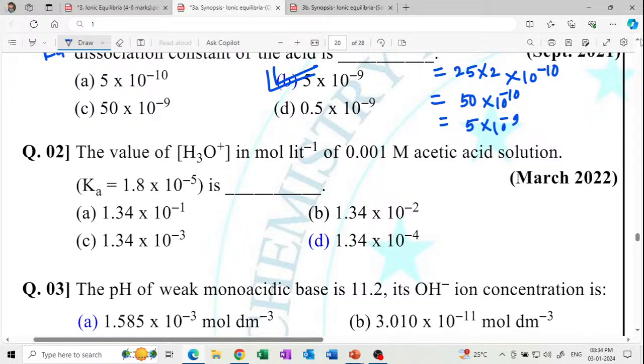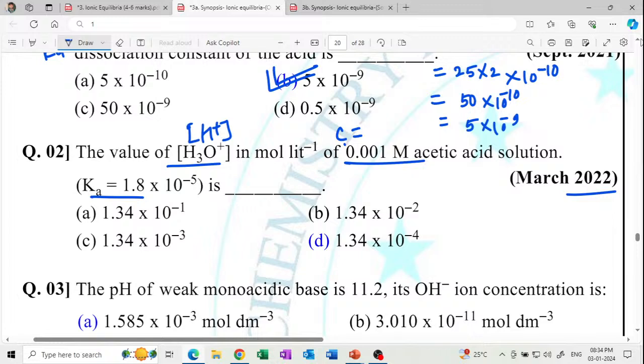Next question, March 2022. The concentration of H plus is asked, and the concentration and K are given. It is a weak acid.